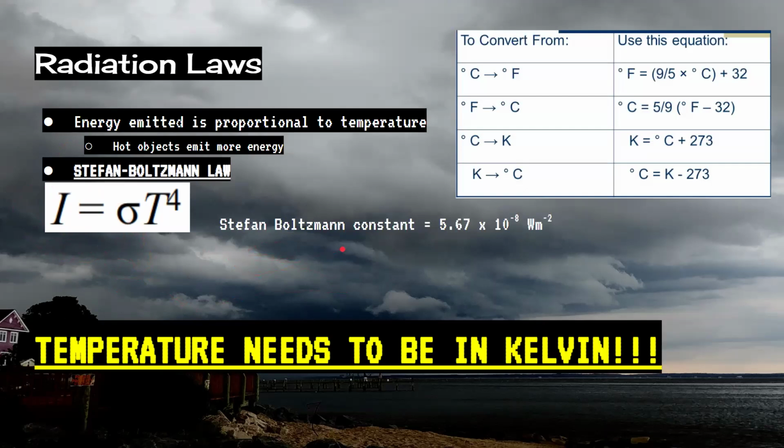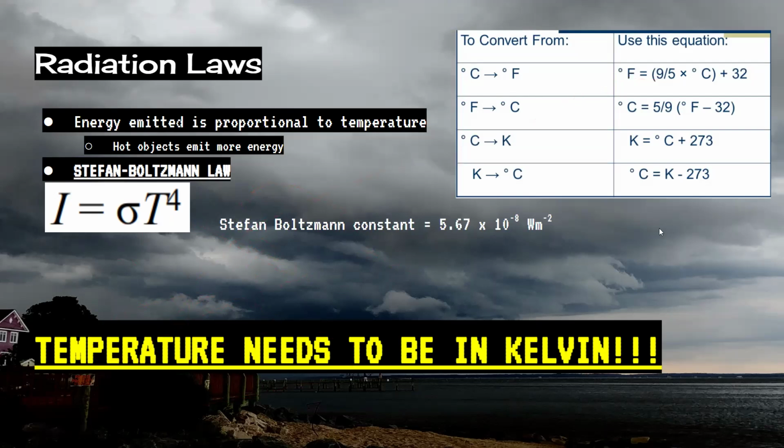I already said in the last lecture, if you don't know what a constant is, it's something that is always the same. It's always going to be 5.67 times 10 to the negative eighth. That's what it will always be. And it's going to always be multiplied by temperature to the fourth power. Temperature needs to be in Kelvin or your calculation will be wrong.